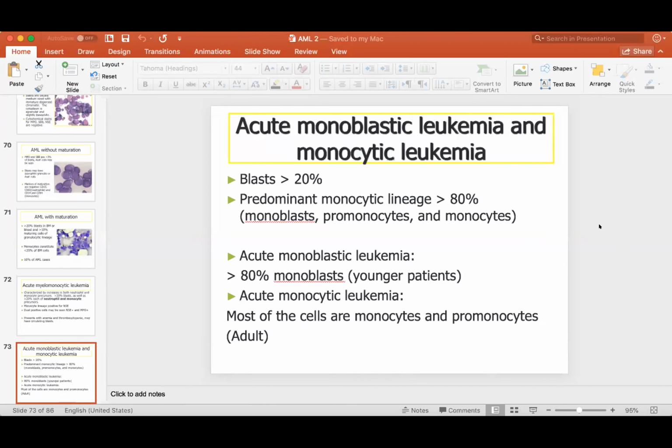So they're called acute monoblastic leukemia when most of the cells, more than 80%, are monoblasts. And these are usually younger patients. And you call it acute monocytic leukemia when most of the cells are monocytes and promonocytes, and you don't see a lot of monoblasts.